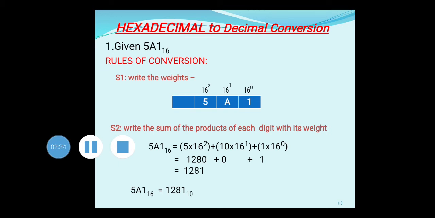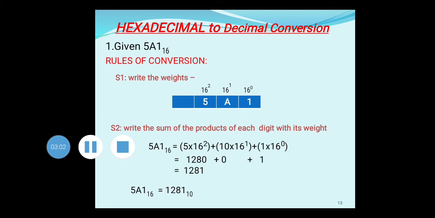So you replace A with 10 into 16 raised to 1, plus the next number, 1 into 16 raised to 0. When you solve it, you get the final answer as 1281. You have to verify this, and the final answer is 1281.